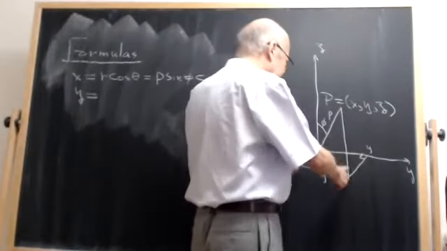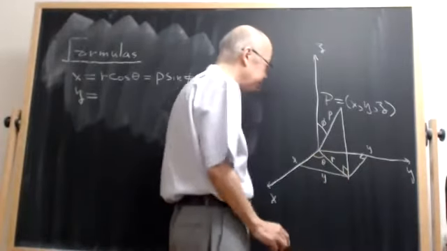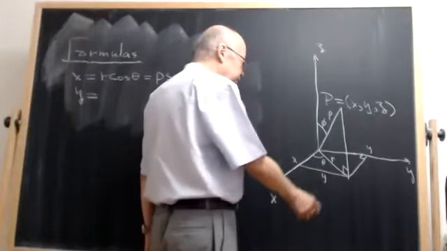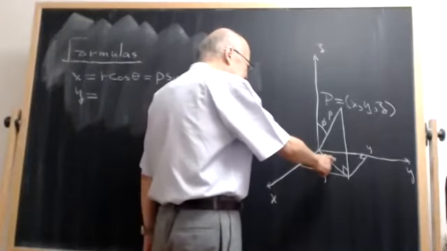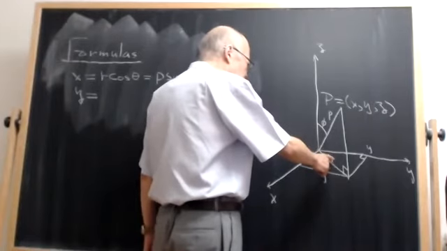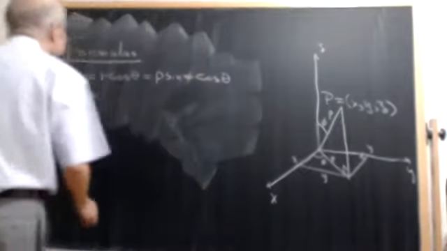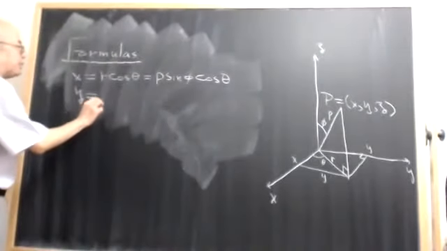If this is y, this is also y. And this is also a right angle. So y is equal to r sine theta, which is well known.